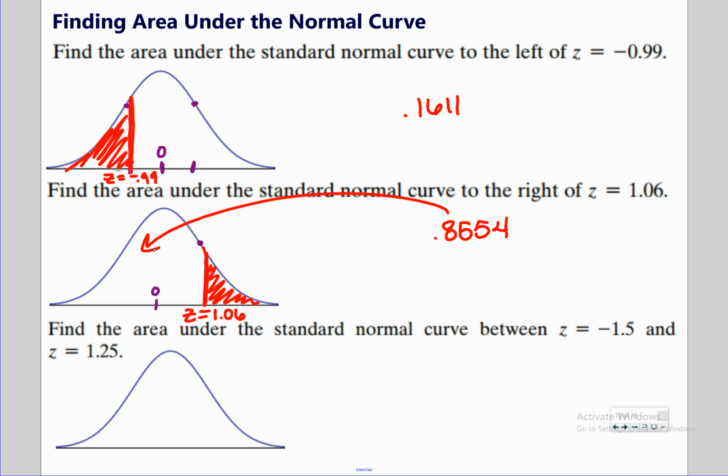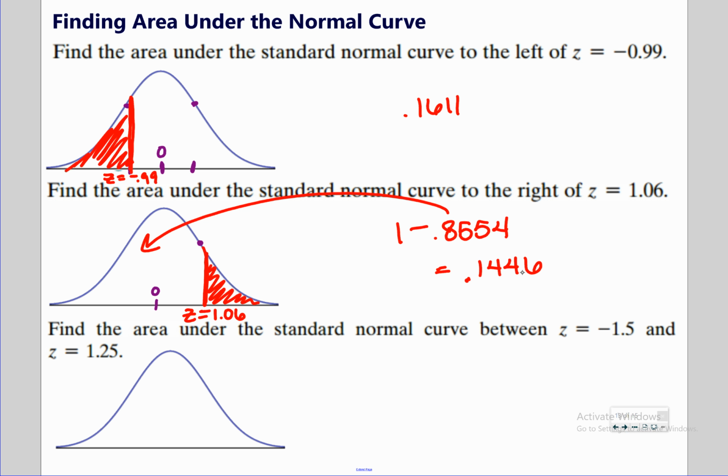So what do you think I'm going to do to get the area shaded in red? The total area under the curve is 1. So all we're doing is finding a complement here. 1 minus. And you can use your calculator for that. So what does it give me? 0.1446. Okay.